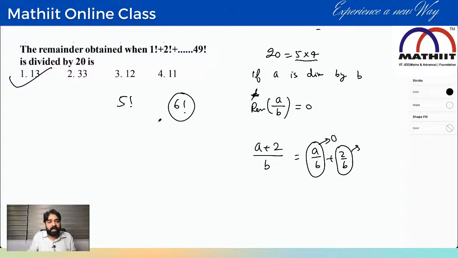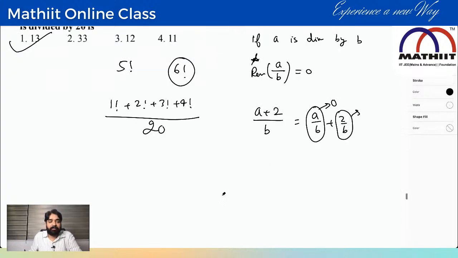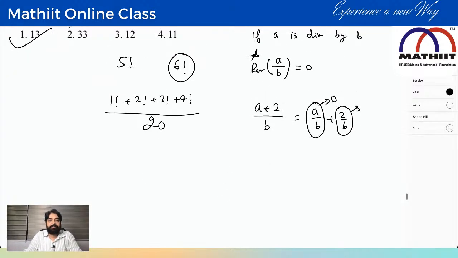So I can ignore from 5 factorial to 49 factorial. So basically the answer will be from 1 factorial plus 2 factorial plus 3 factorial plus 4 factorial. That's all. The rest is already divisible by 20. So just divide by 20 and check the remainder. I guess it's clear to you now.